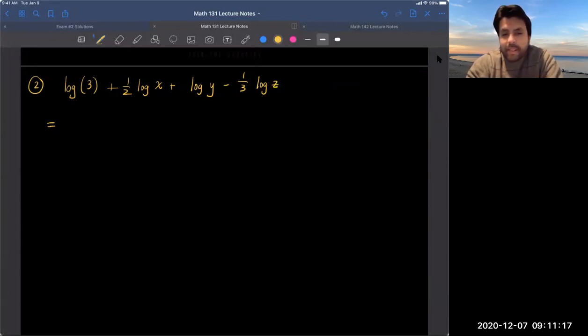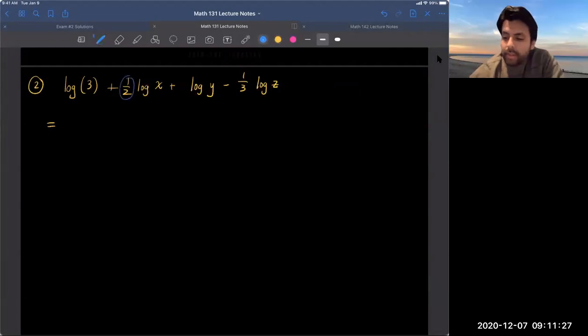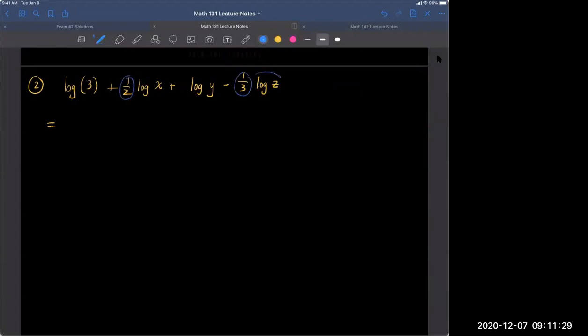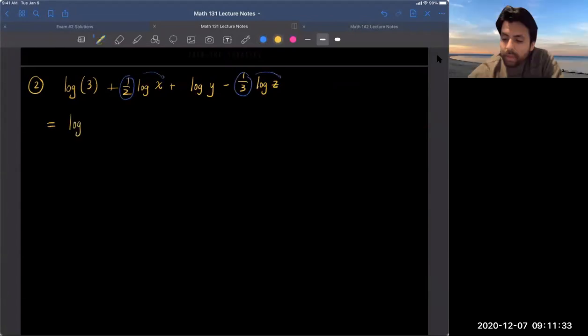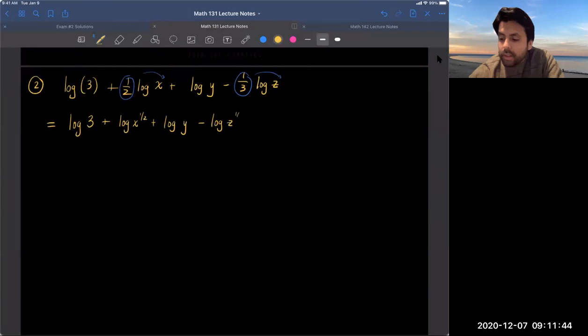You're going to have to undo the 1/2 and the 1/3 that are in front of the logs. Yes, so you rewrite that. Then I get log of 3 plus log of x to the 1/2 plus log of y minus log of z to the 1/3.